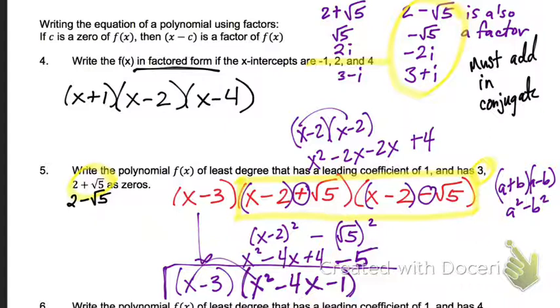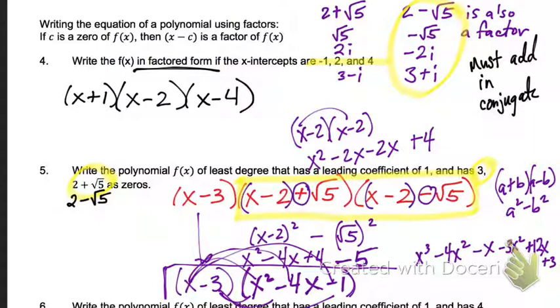So I'm going to FOIL, becomes x cubed minus 4x squared minus x minus 3x squared plus 12x plus 3. Then I combine my like terms. x cubed minus 7x squared plus 11x plus 3.